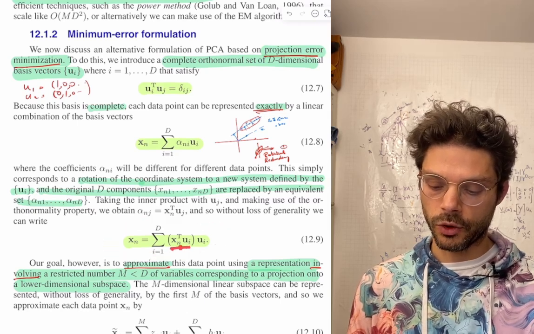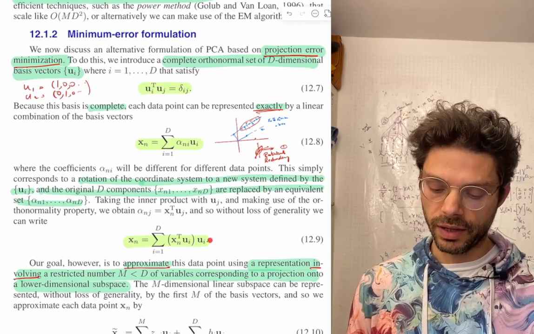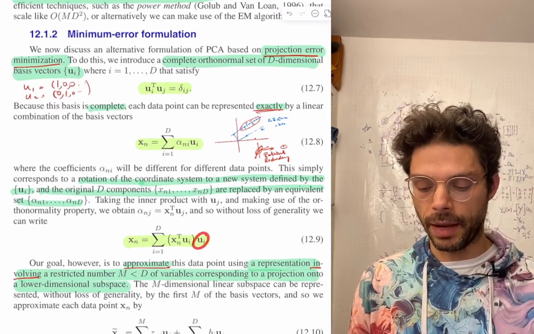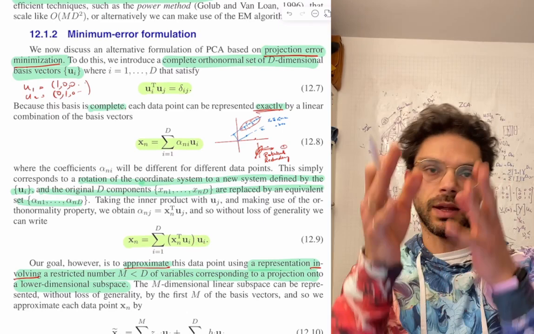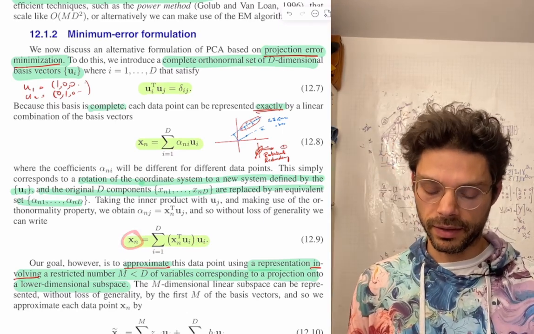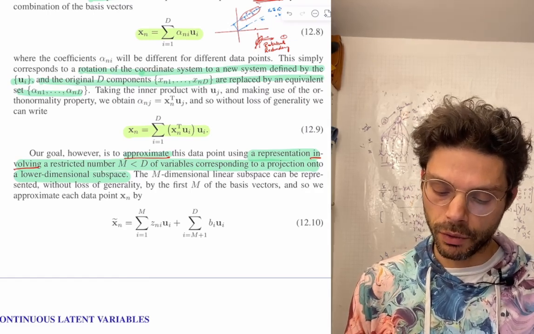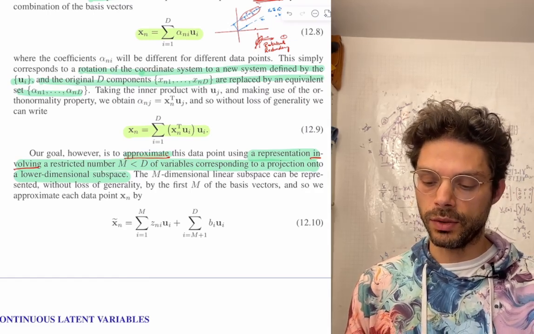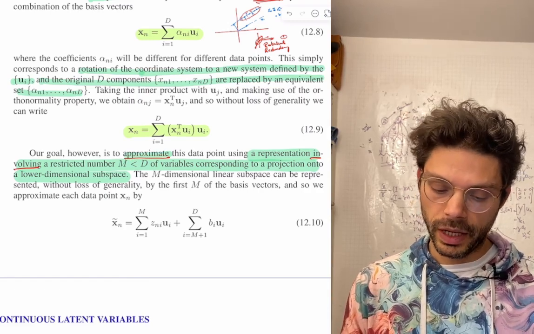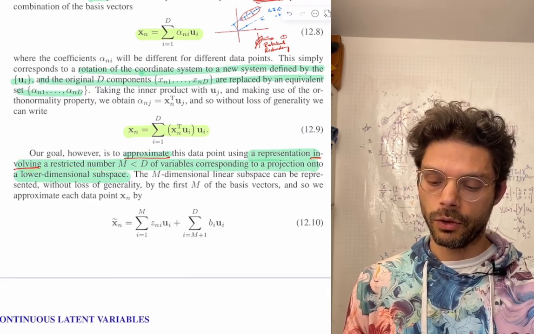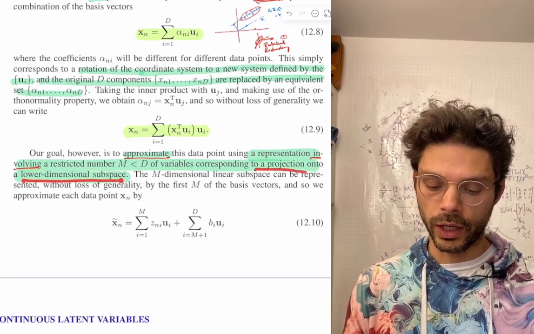So what are we doing? We're projecting along each of these basis vectors, and then multiplying by that basis vector, adding up the components that build a particular data point. Okay, so our goal, however, is to approximate this data point using a representation involving a restricted number of variables corresponding to a projection onto a lower dimensional subspace.